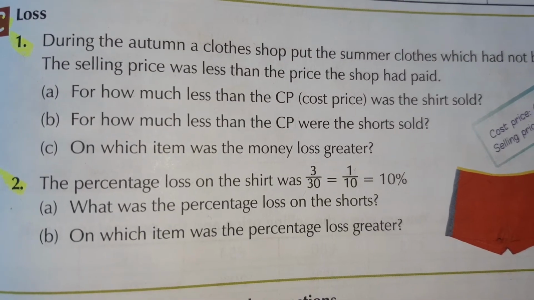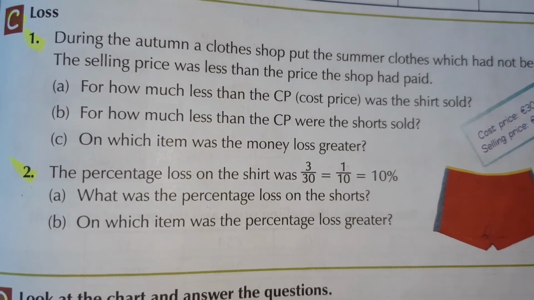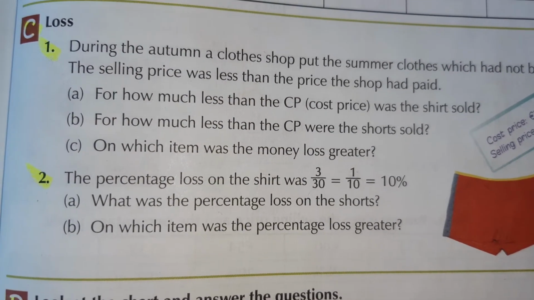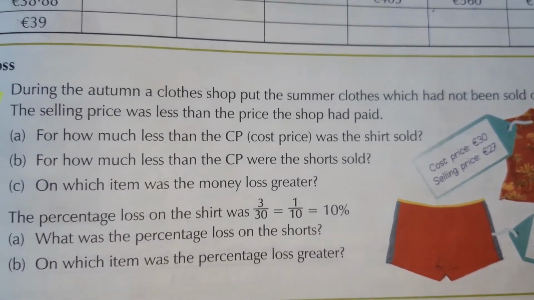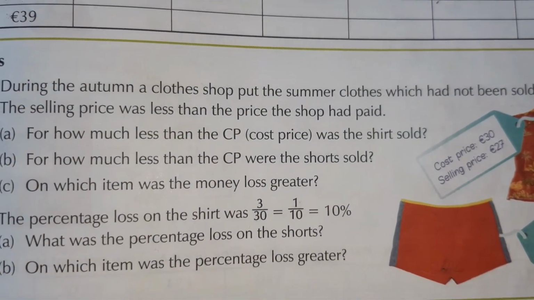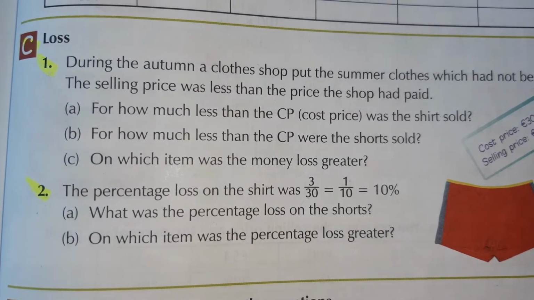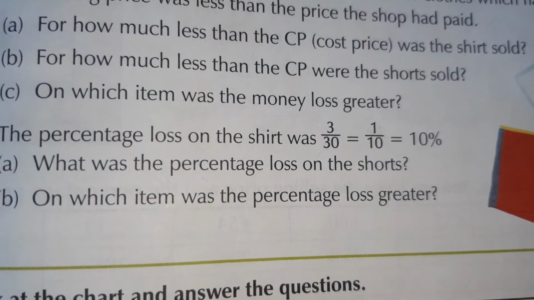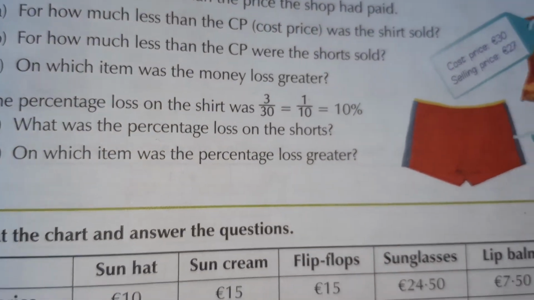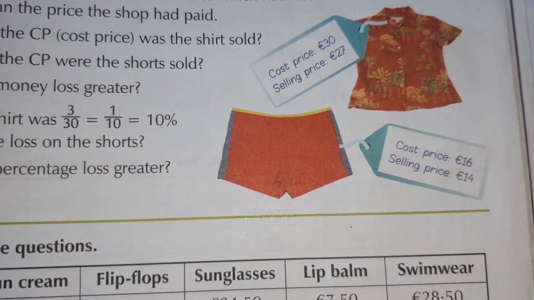So the next bit is how to find the percentage loss. The percentage loss on the shirt: they lost €3, and the cost price of it had been 30, so it's 3 out of 30, which is 1/10 or 10%. So what was the percentage loss on the shorts? The loss was €2 out of 16, which is the same as 1/8.